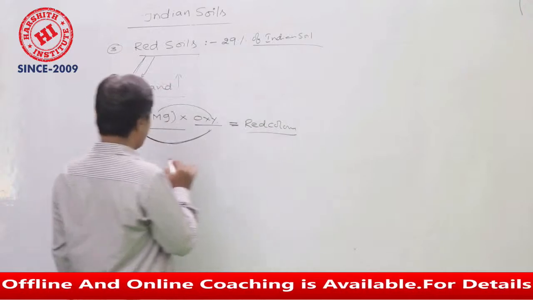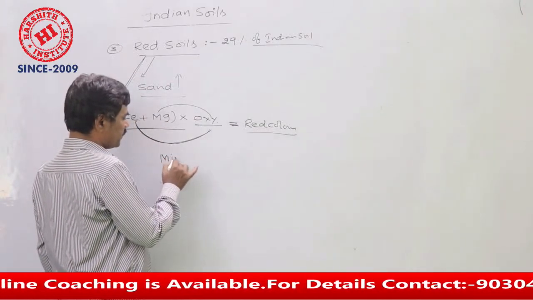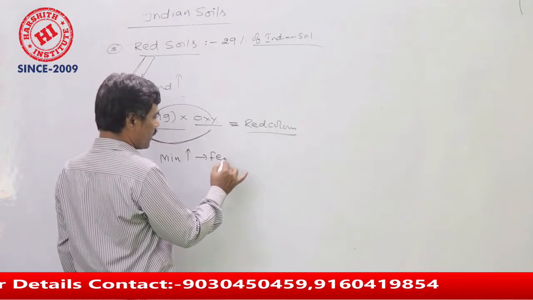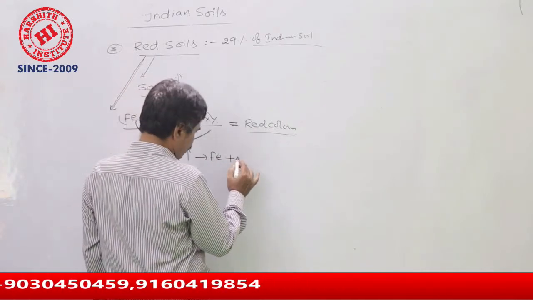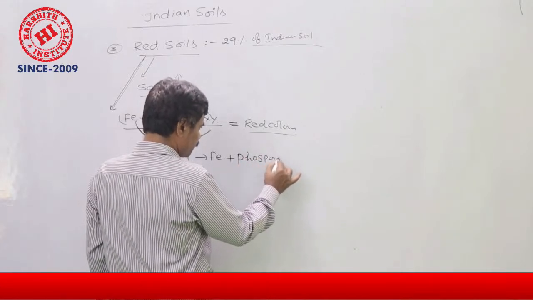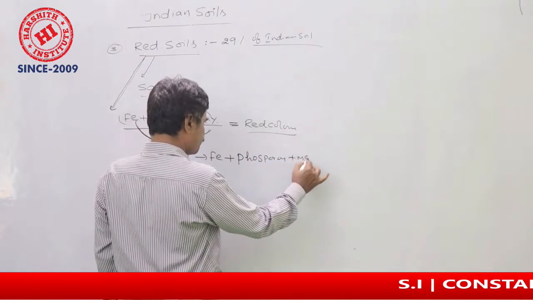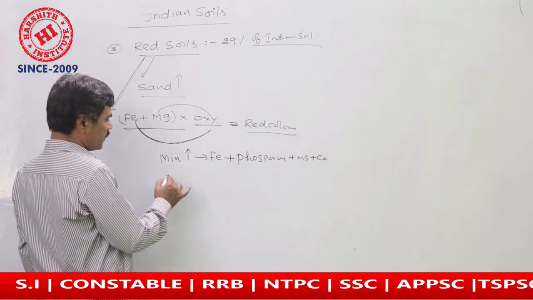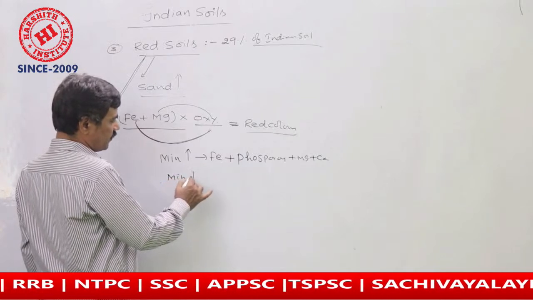So which minerals are in the highest percentage? Ferrous and also phosphorus, magnesium, calcium. These are the minerals in the highest percentage. Which minerals are the very lowest?